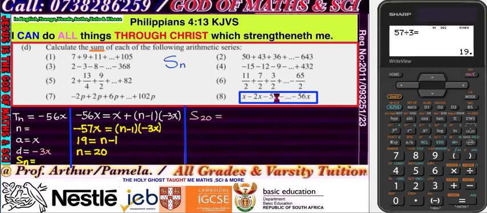All right. So let me kind of back off here a little bit. Yeah, because I needed to put 20 here divided by 2. And then open the brackets, the first term, x, the last term, negative 56x, close the parentheses.